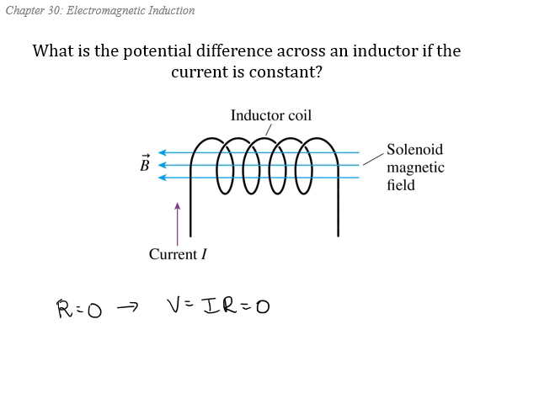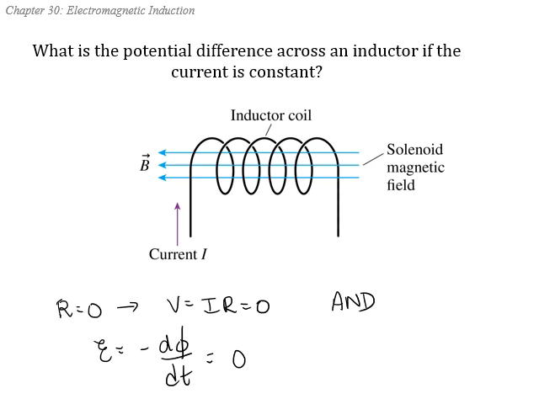And our induced potential, which comes from Faraday's law, minus d phi dt, a changing flux, comes from a changing magnetic field. A changing magnetic field comes from a changing current. So if current is constant, field is constant, flux is constant, so the induced potential is also 0.